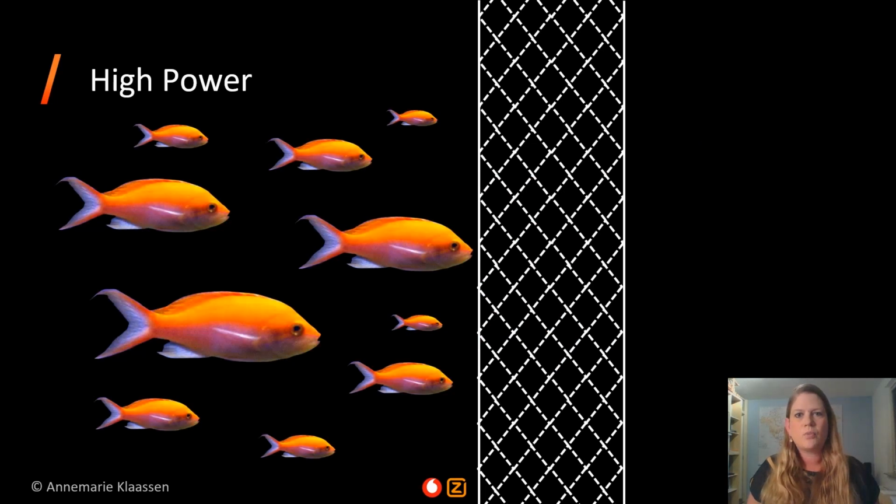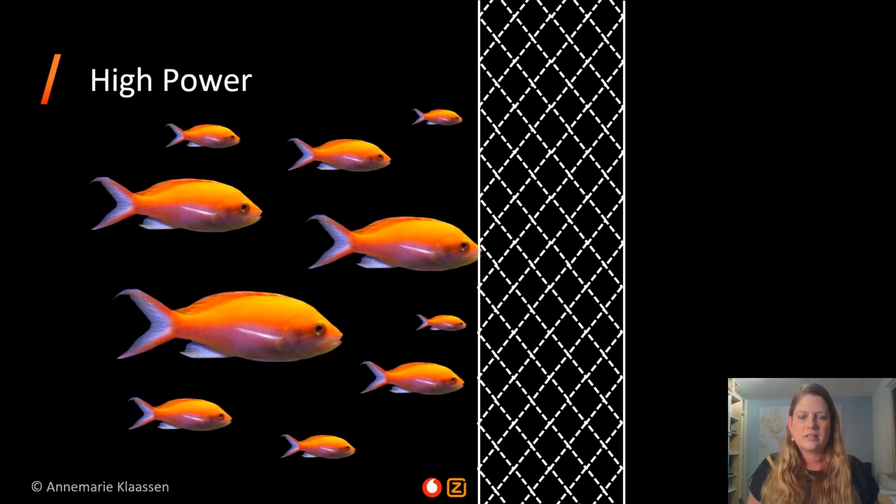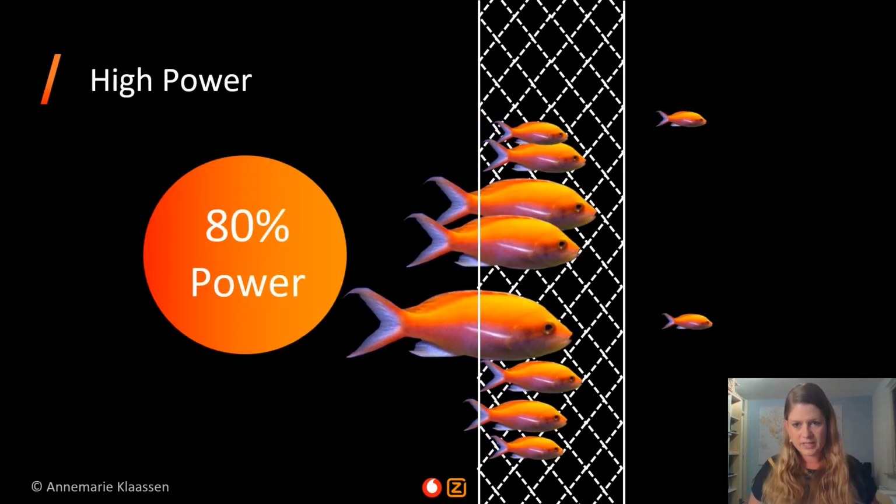But if you take more time to make a good fishing net, aka run the test on more people, put more time and effort into it, then you will catch more fish. So the chance that you will catch a fish increases to 80% by having a better experiment setup. And this is the threshold that is used in most statistical research. So you need to build a fishing net that can catch at least 80% of the fish.